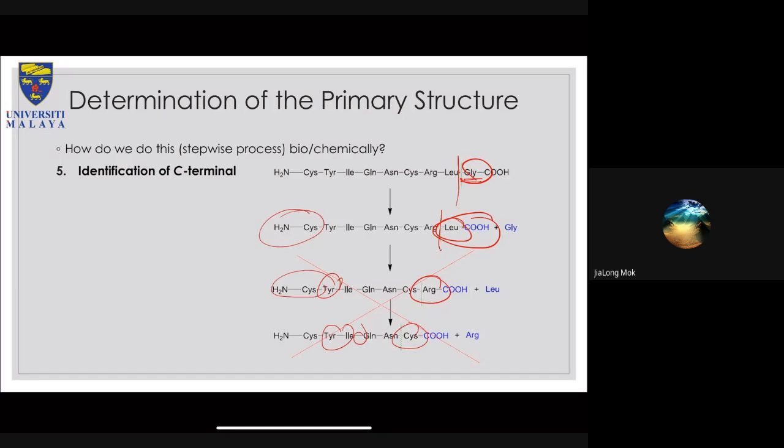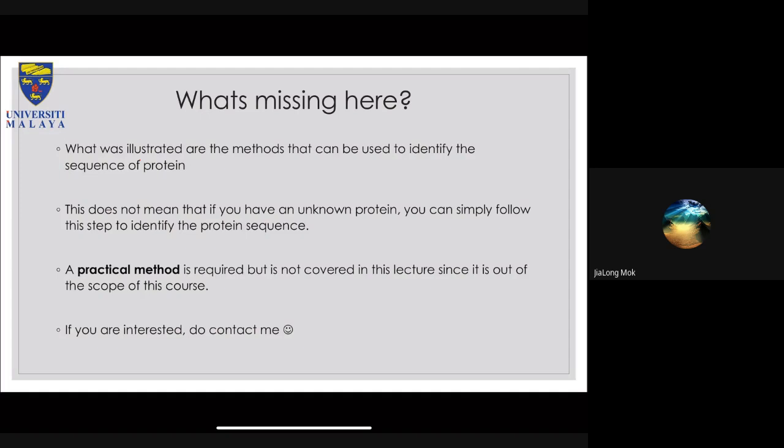So what's illustrated here are the methods that can be used to identify the sequence of a protein or peptides. But of course, if you have an unknown, you need to do something else, and it's a practical method, but you don't really use it as much as 10 or 20 years back.